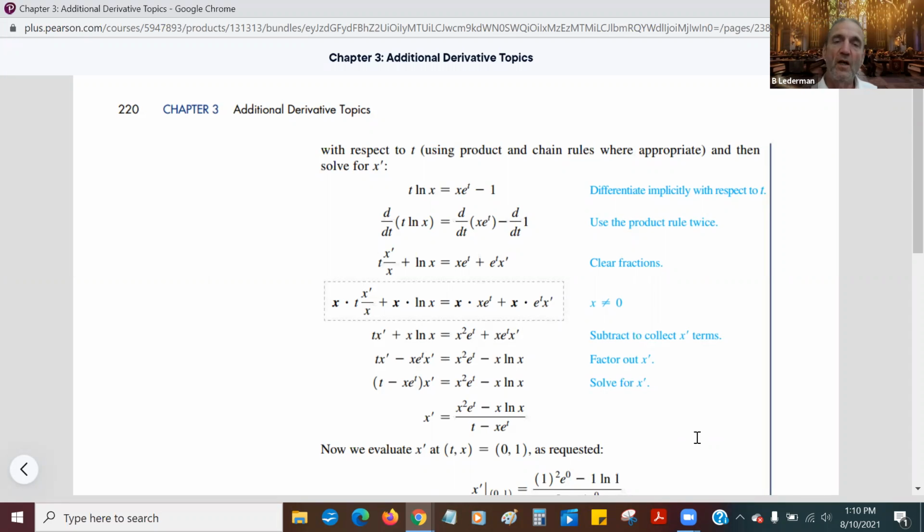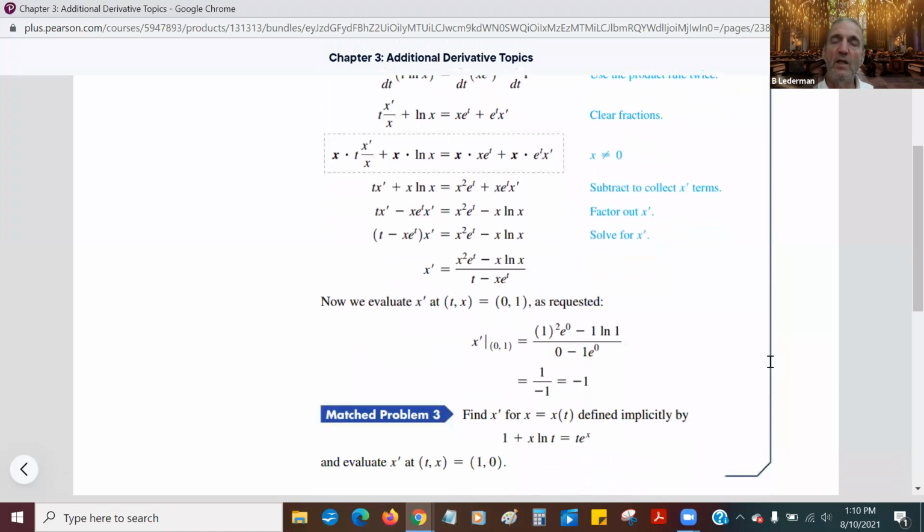And it's beautiful because we've now solved for x prime in terms of the other variables. Yeah, it's messy, but all I gotta do is plug away. Now we want to know at the point 0, 1, meaning t is 0 and x is 1.